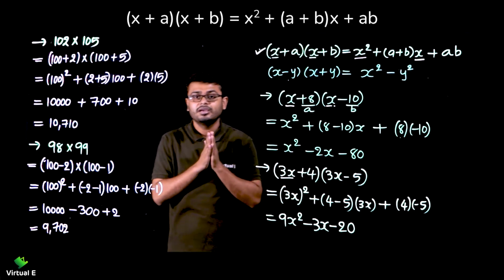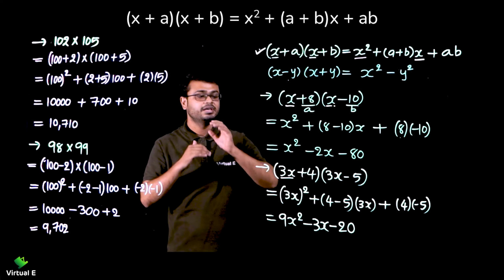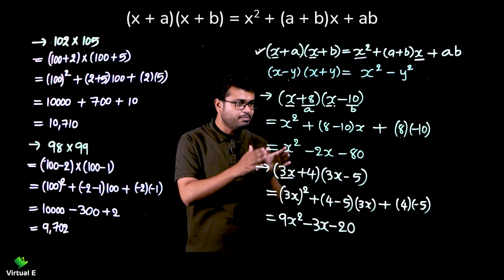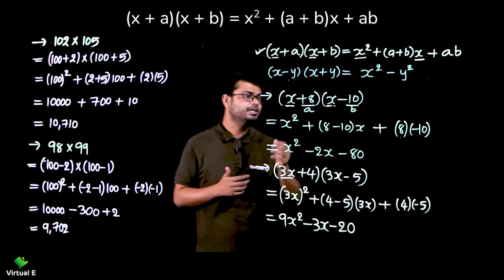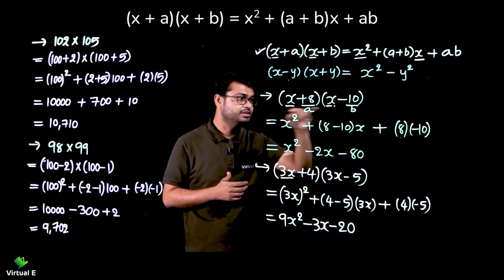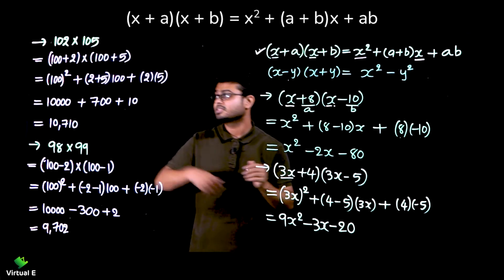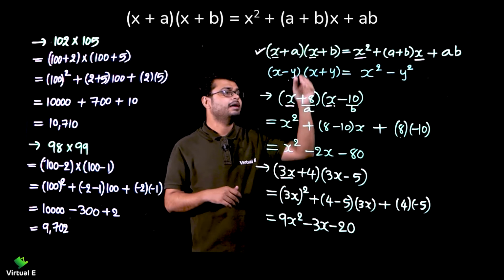Remember, this is the middle term splitting identity only, but we did it in reverse in the factorization. Here, this case is about finding the product, right? So let's recall one time. You have the first term as the common one, right? You can see in this example 3x and 3x. You can do it with numbers as well. Then add another number.